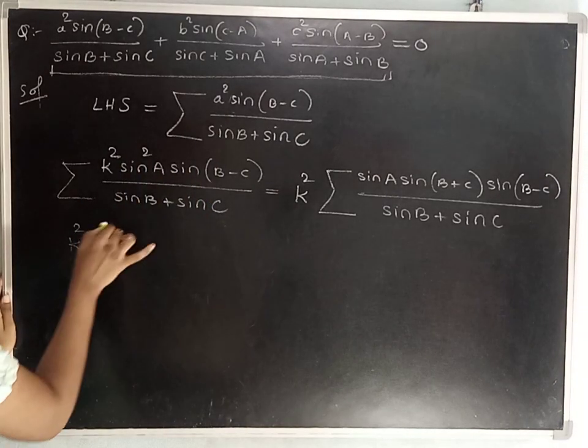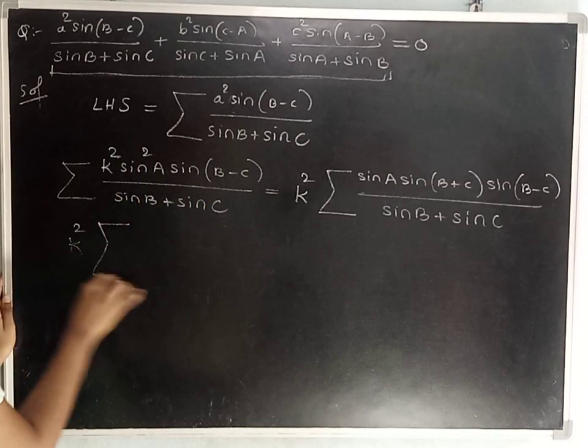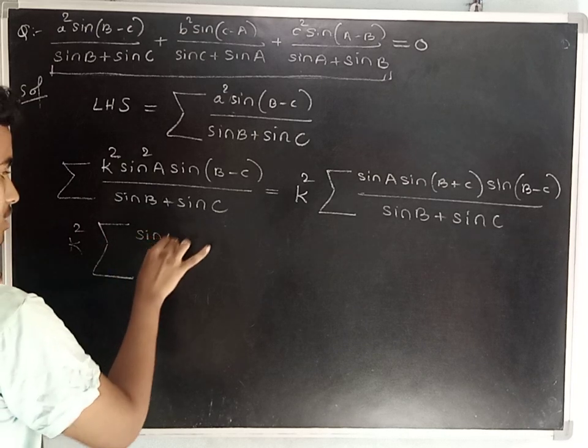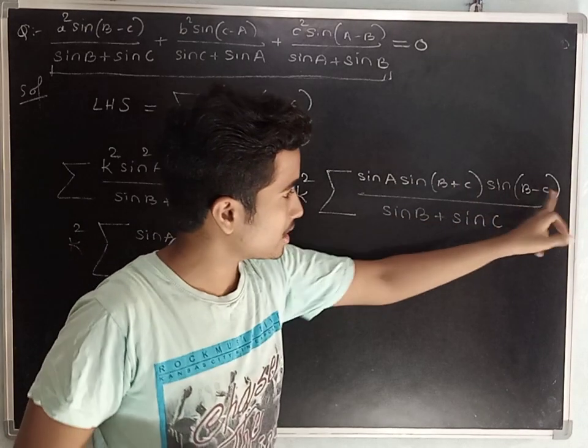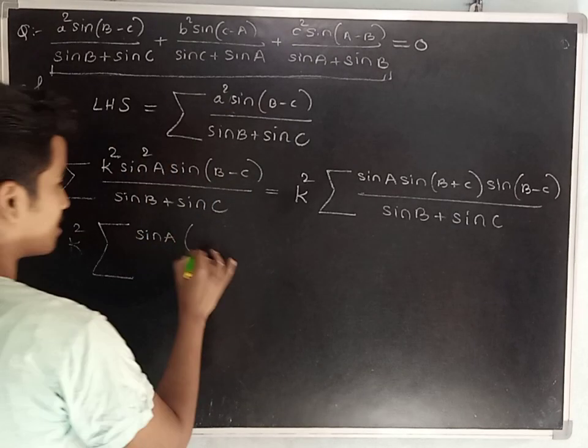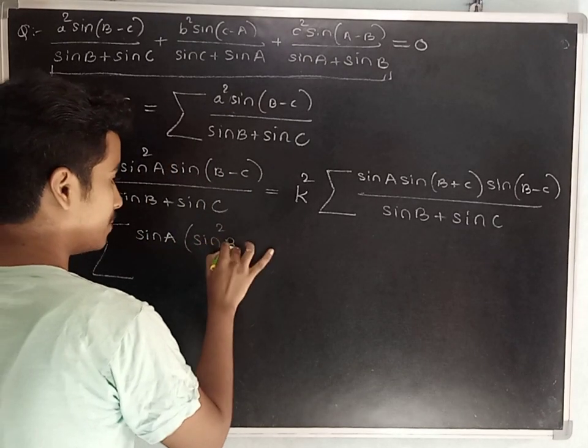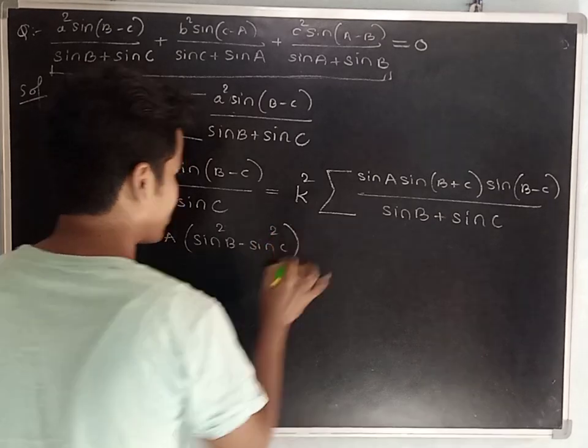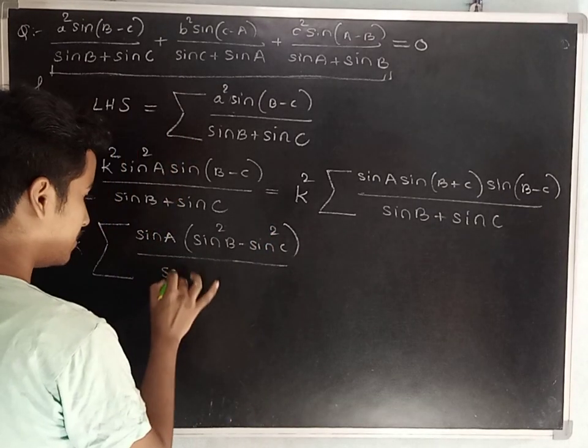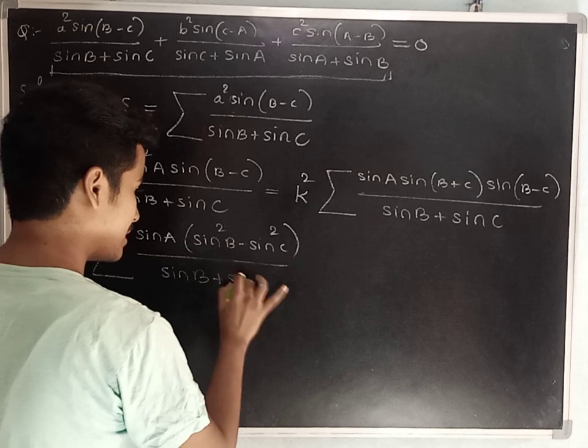So k square, next step: sin a into sin of (b plus c) into sin of (b minus c) is nothing but sin square b minus sin square c, by sin b plus sin c.